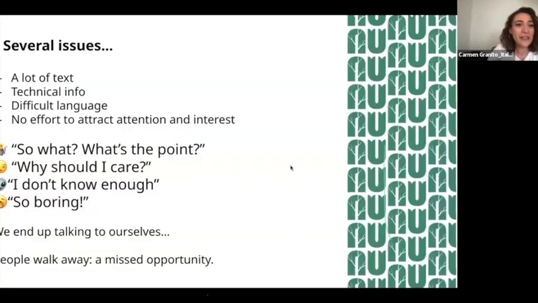Okay, so yes, you identified a lot of the issues. There's a lot of text. There's also a lot of difficult language. So there's a lot of technical jargon which is not explained. So basically, this panel is not making any effort to attract neither our attention nor our interest. And so the common reactions would be just the ones that you had.